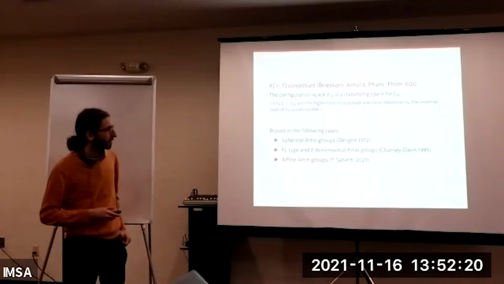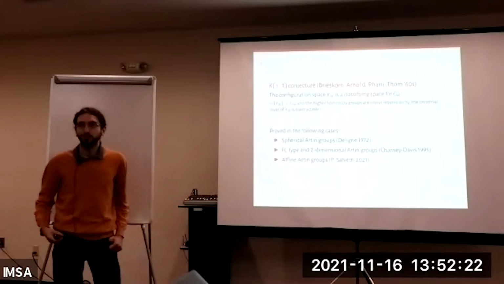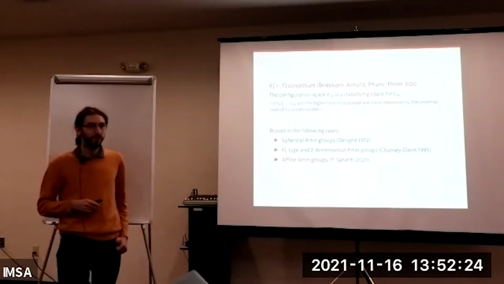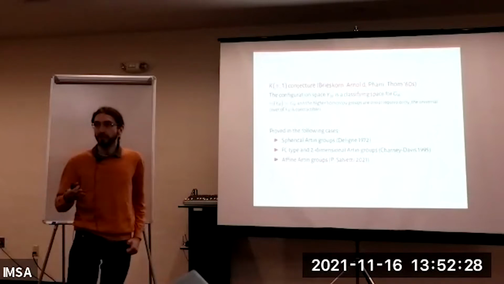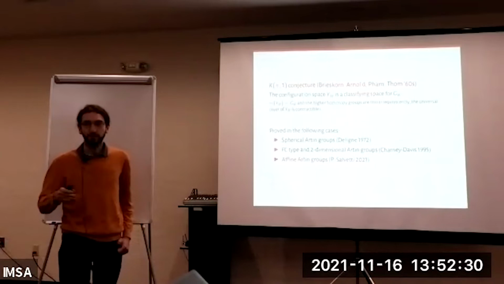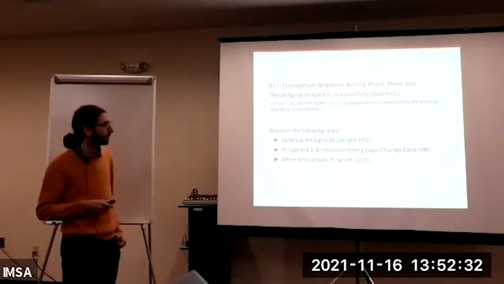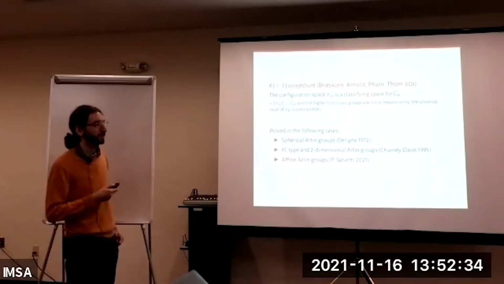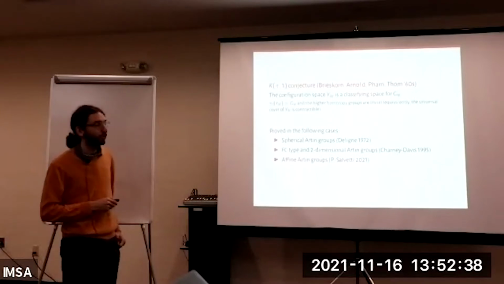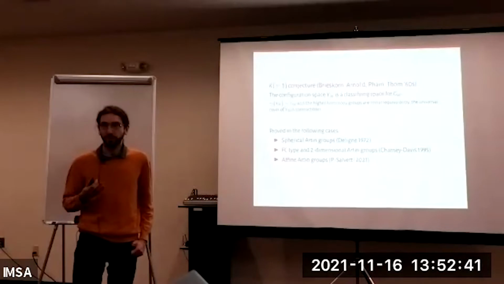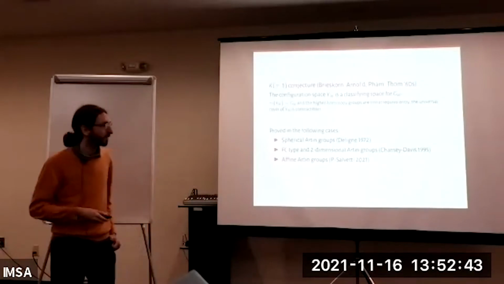Okay, and as you know from yesterday, the K(π,1) conjecture says that Y_W should be a classifying space for the corresponding Artin group G_W, which means, for example, equivalently, the universal cover should be contractible conjecturally.